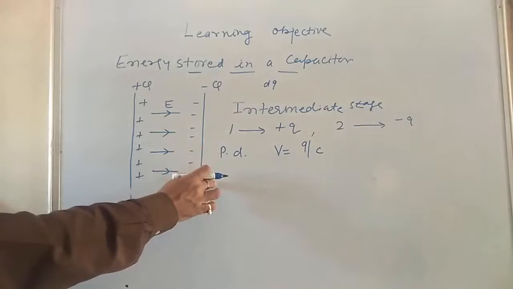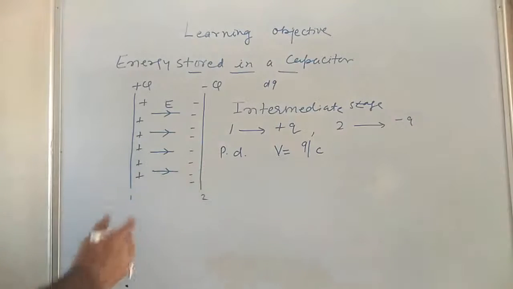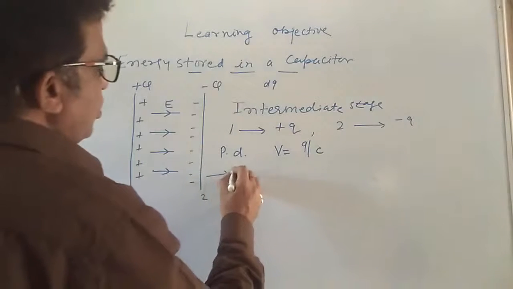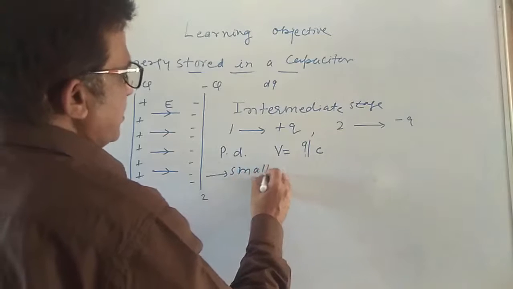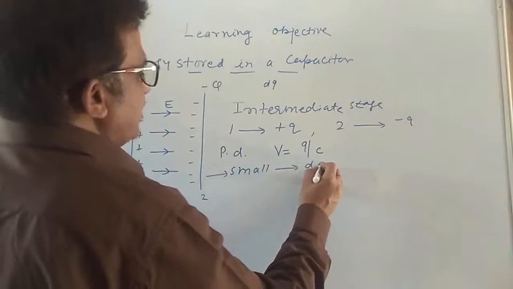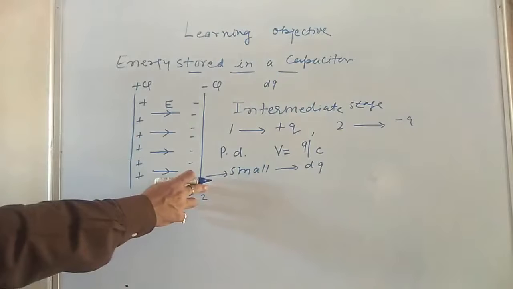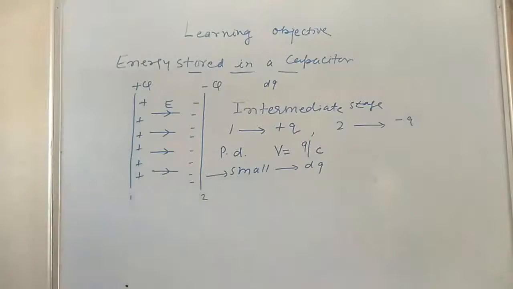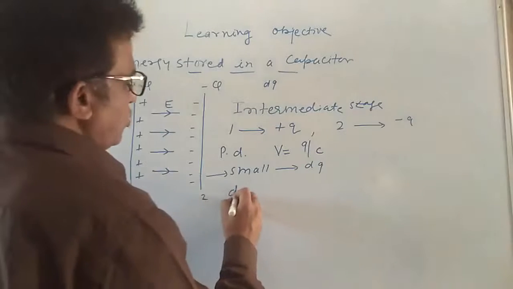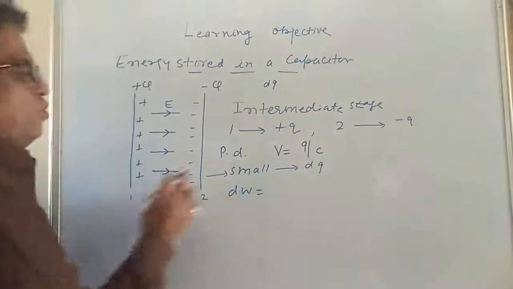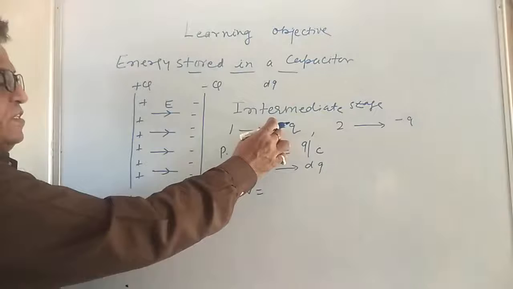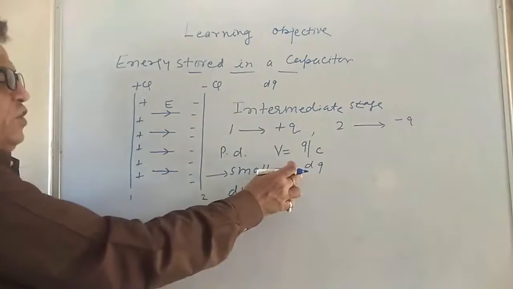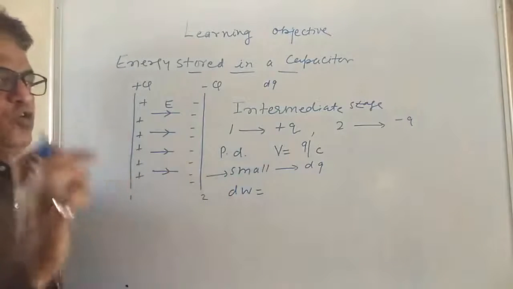Small amount of work done in giving an additional charge dq to the conductor. So I can write that we have to do work. A small amount of charge is also given after this, so we have to do work.